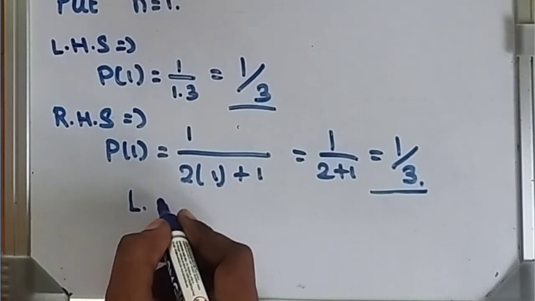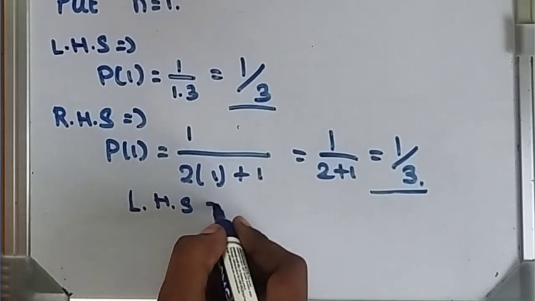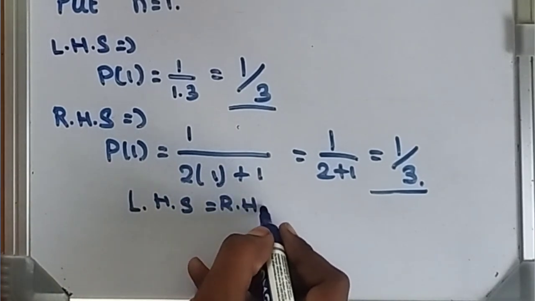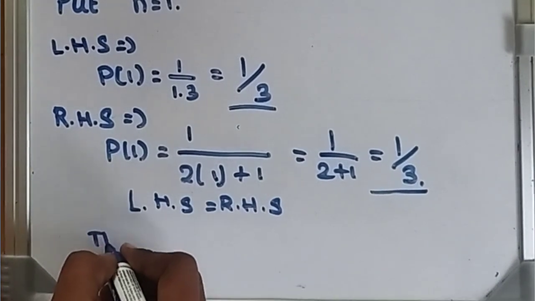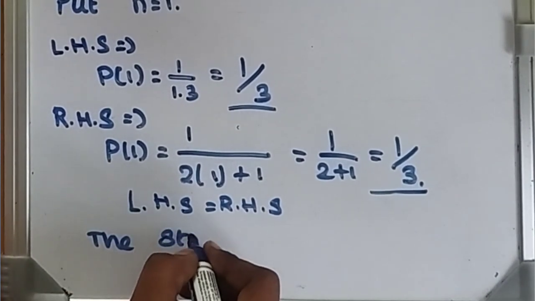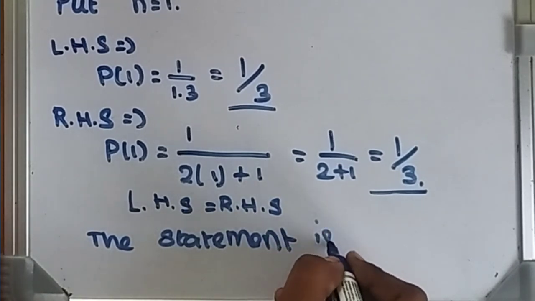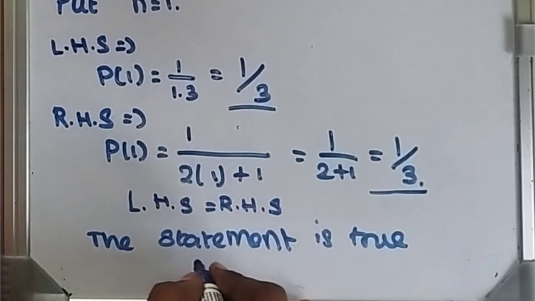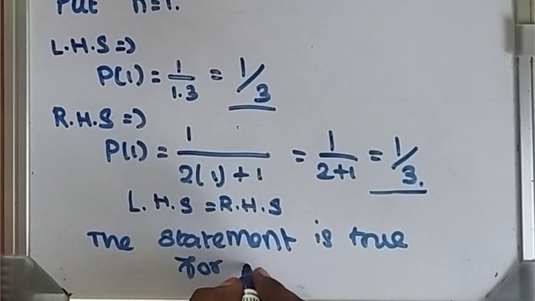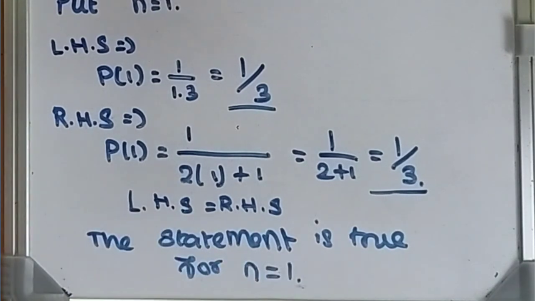So I am writing this now. So LHS equals RHS. So we can say the statement is true for n equals 1. Clear?